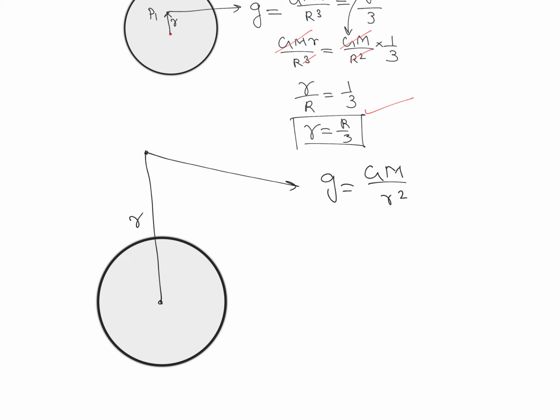So we can write the value of g, and in this question it is given that this GM by r square is 1/3 of that on the surface, GM by R square by 3. So we can cancel GM and GM, or we can write 3 into r square is going to be R square, or the value of r will be equal to under root of 3 R square, or the value of r is going to be root 3 times R.